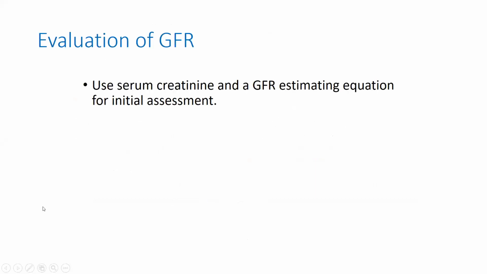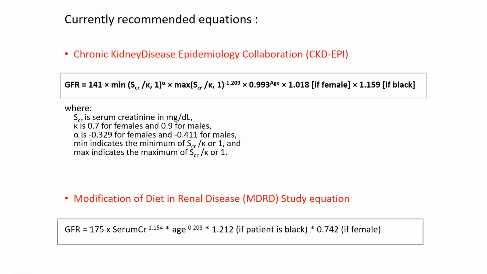So how do we evaluate GFR? Yesterday we discussed this. You use serum creatinine, and with the use of creatinine, you put this into estimating equations to calculate the kidney function with respect to glomerular filtration rate. These are two common equations, and out of these, the CKD-EPI is currently considered the standard equation to calculate estimated glomerular filtration rate.